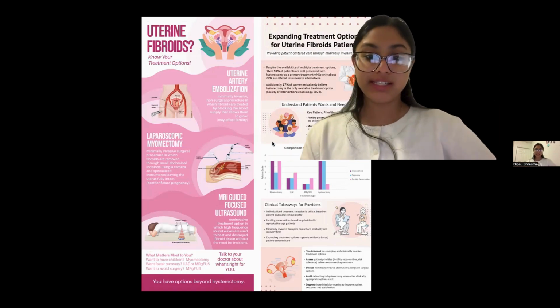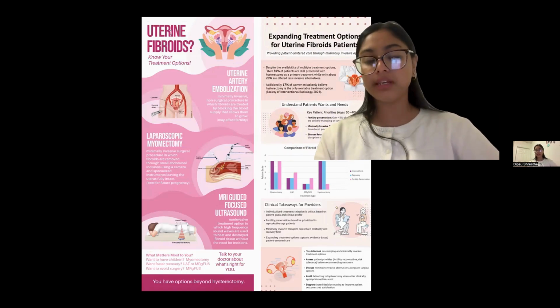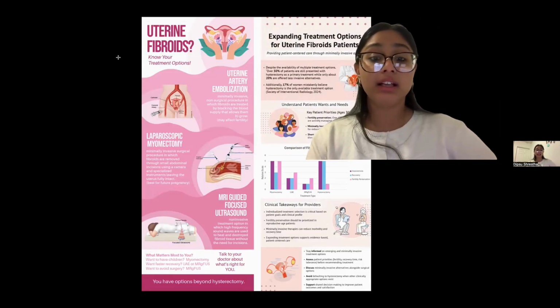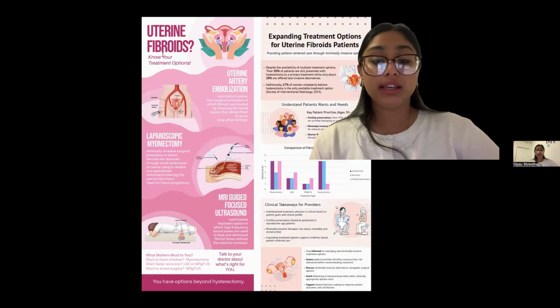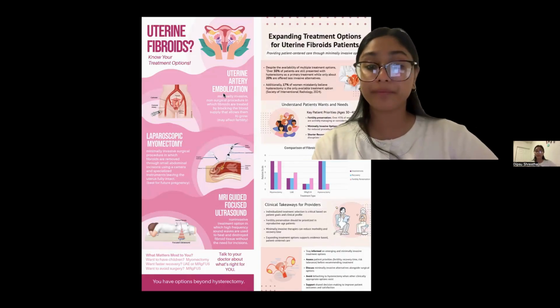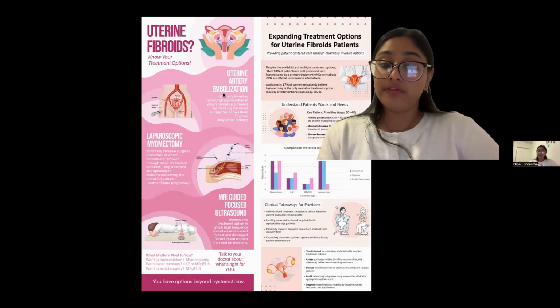My name is Dipsu Shrestha, and I have based my two infographics on the recommendation report I wrote on uterine fibroids. The intended audience for the infographic on the left is patients, specifically women of reproductive age diagnosed with uterine fibroids.